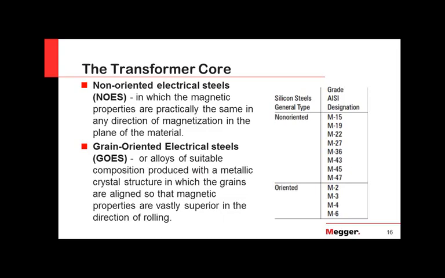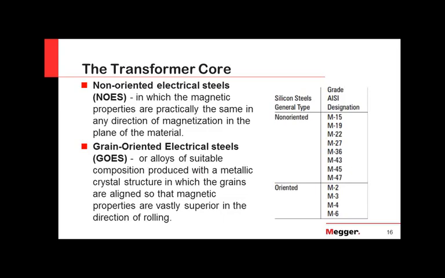It has not been oriented by any process during manufacture. And you can see on the right-hand side of your screen, this non-oriented grade, according to the designation of the AISI: M15, M19, M22, 27, 36, 43, 45, 47. The higher the number, the higher the losses.